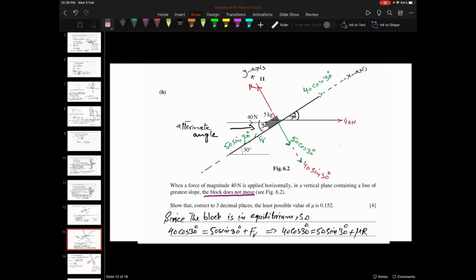Now we are going to resolve this force into its components. The component of this force along the x-axis is 40 cos 30 degree and along the y-axis is 40 sin 30 degree.